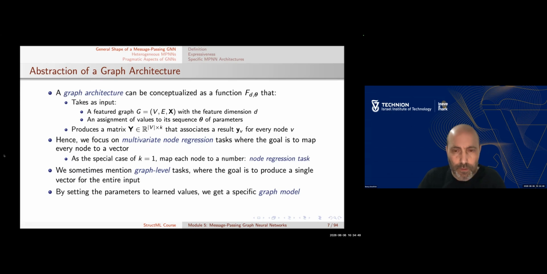So this is an architecture, as usual. It has parameters. When we learn these parameters, we set specific values to them, and what we get is a model, a graph model.